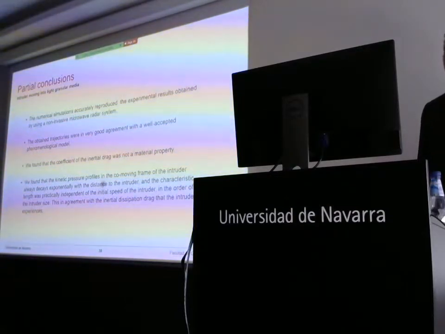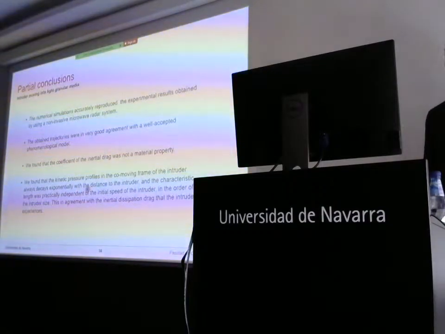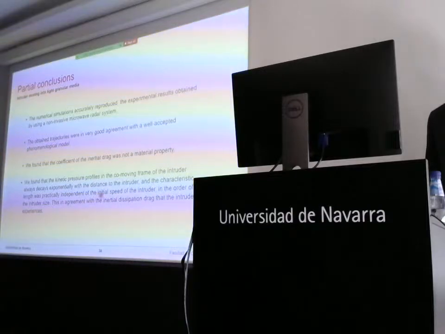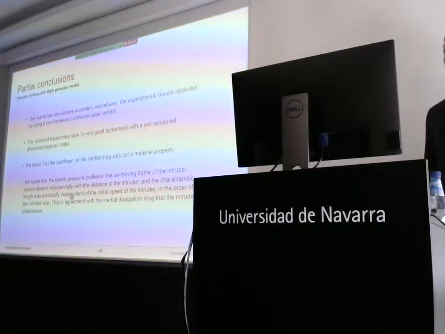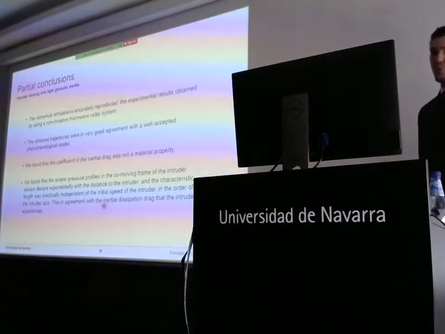Finally, we found that the kinetic pressure profiles in the moving frame of the intruder always decay exponentially with the distance to the intruder, and the characteristic length was practically independent of the initial speed of the intruder, in the order of the intruder size. This is in agreement with the inertial dissipation drag that the intruder experiences.